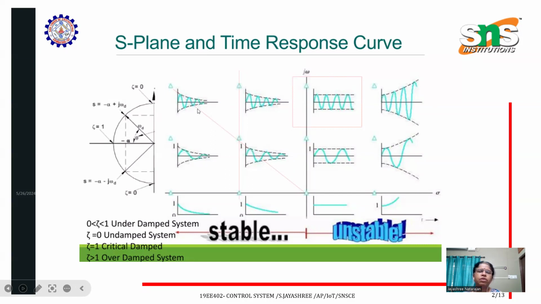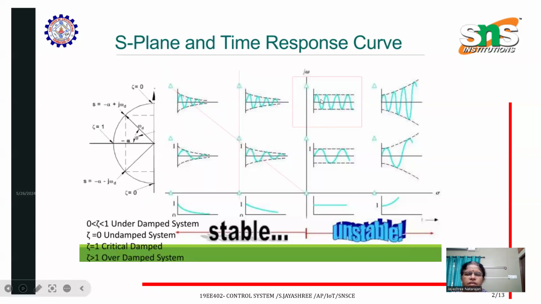In this picture, this is a representation of a stable system. In the beginning, when time t equals 0, the system is unstable. After the damping is implemented, the controller brings the system to a stable state.